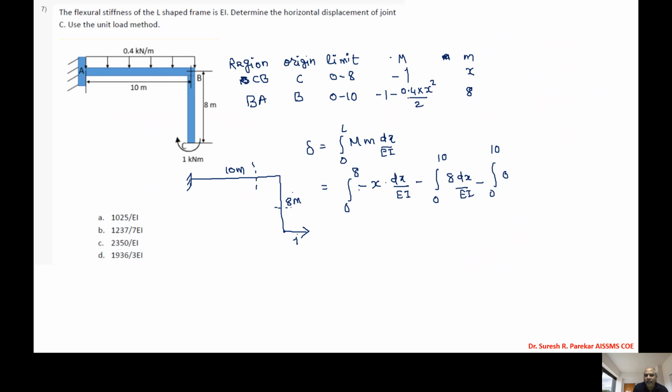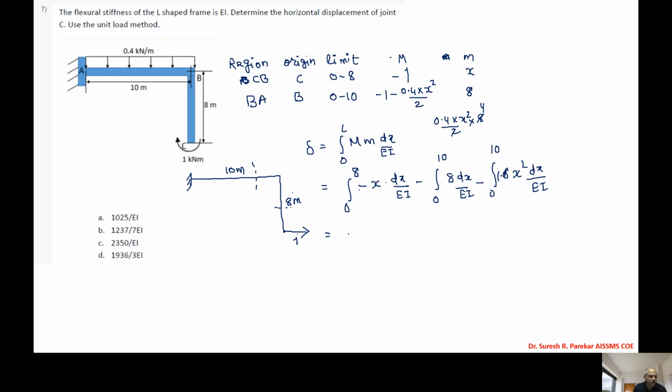So 2 4s are 8, and 4 into 0.4 comes to 1.6. So we have 1.6 into x square dx upon EI.